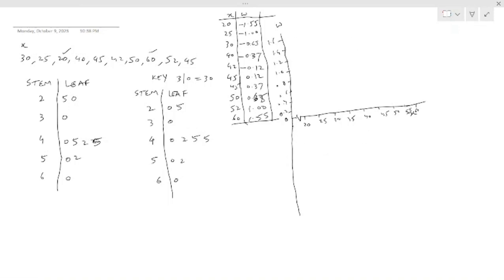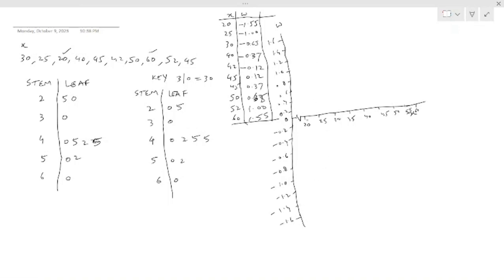Similarly, below zero value, that's minus 0.2, then minus 0.4, then minus 0.6, then minus 0.8, then minus 1, then minus 1.2, then minus 1.4, and then minus 1.6.